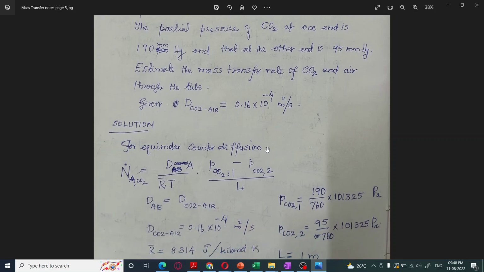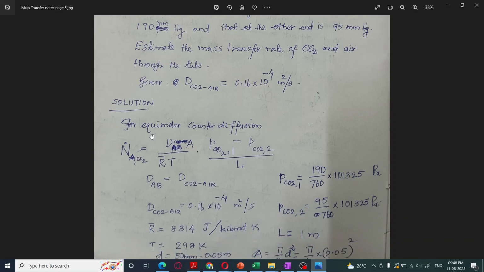So the equimolar counter diffusion equation will be N dot of our component A, here carbon dioxide, equal to D divided by R bar T into area into P1 minus P2 of carbon dioxide divided by the distance between them.